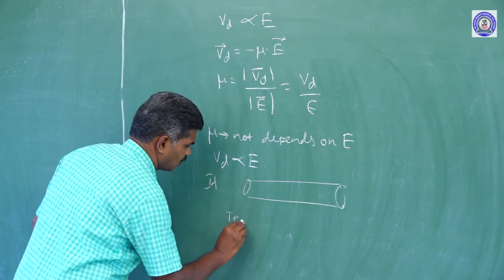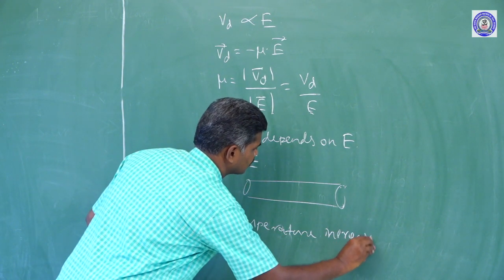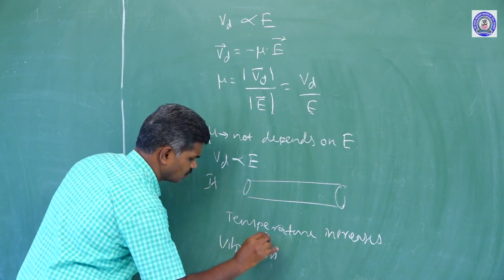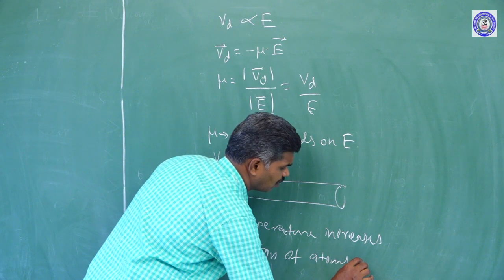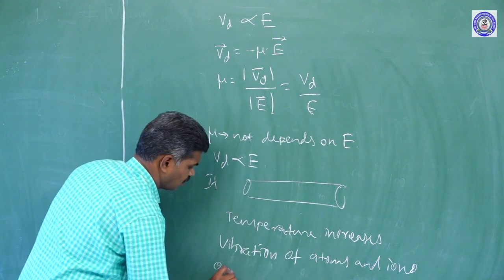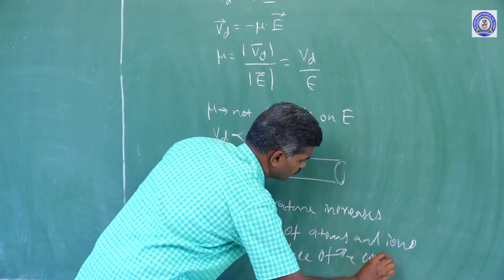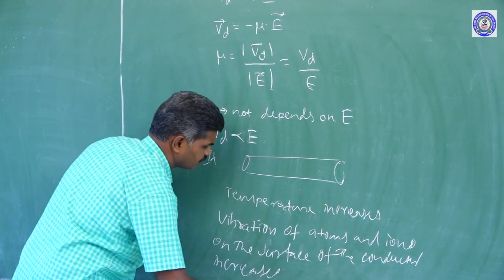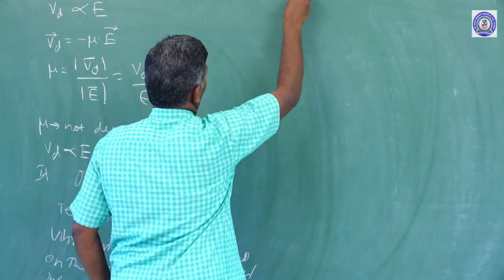So, that is why, when temperature increases, the vibration of atoms and ions on the surface of the conductor increases, so the tau value decreases.